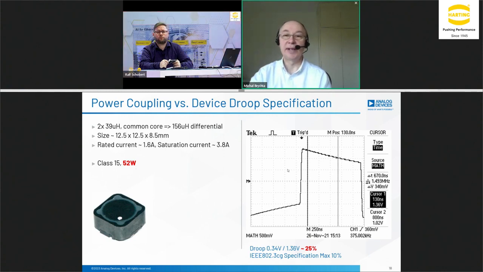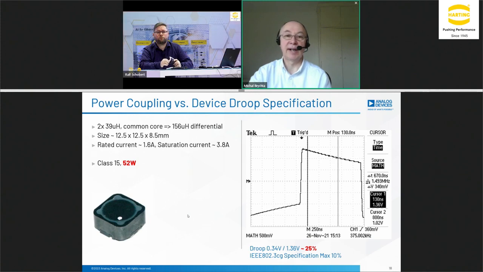But if we lower the inductance, you can see that we have much more droop. Because the inductance is lower, the inductor charges, builds its magnetic field, and eventually it will just conduct everything. With this 30 microhenry inductor, two of them on the same common core, we see 25% droop, which violates the original IEEE specification.